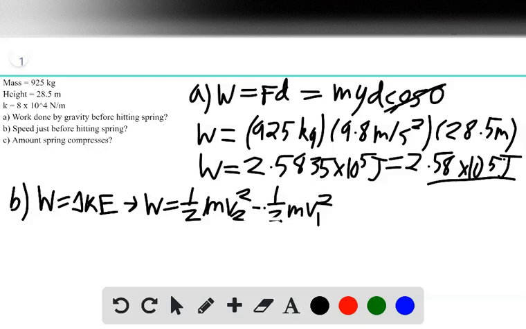Saying initial velocity is 0, it's dropping from rest. So we have work, we have all the rest of this, we can solve for v2, or for v. So v right before it hits the spring equals the square root of 2w over m.